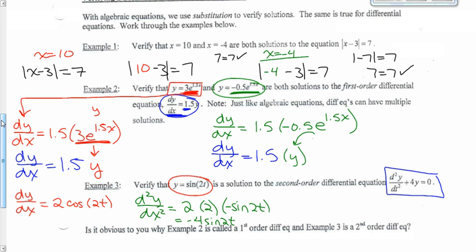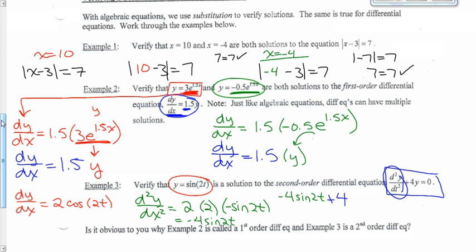Now what I need to do is some substituting into the equation I have boxed in blue and see if I get an equation that is true. So the second derivative, that is what I have in green. So I have negative 4 sine 2t, and then I've got plus 4 times y.